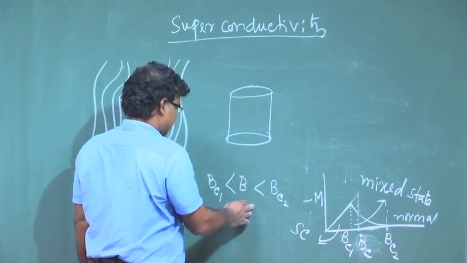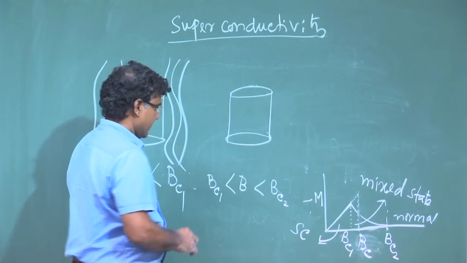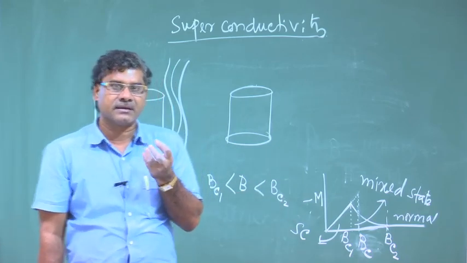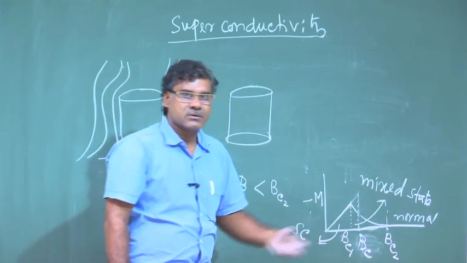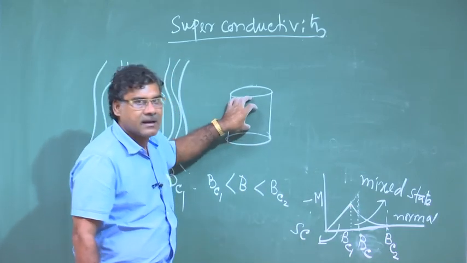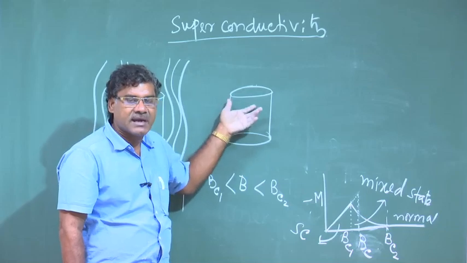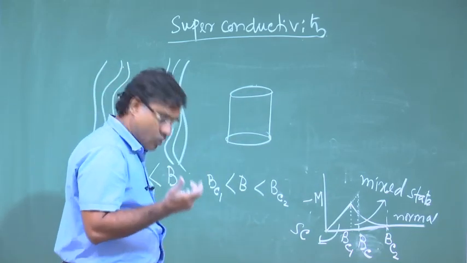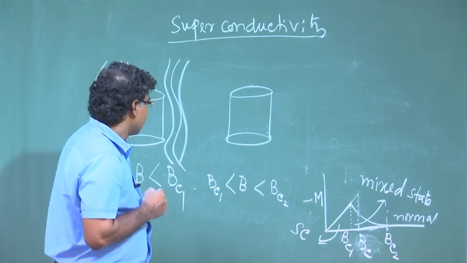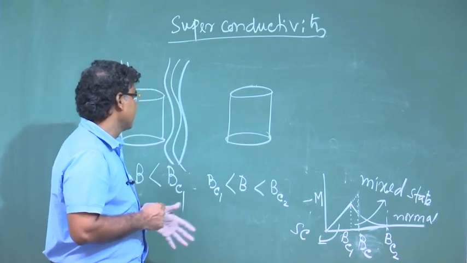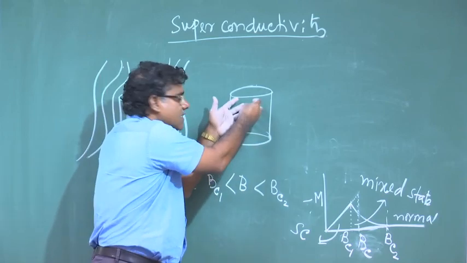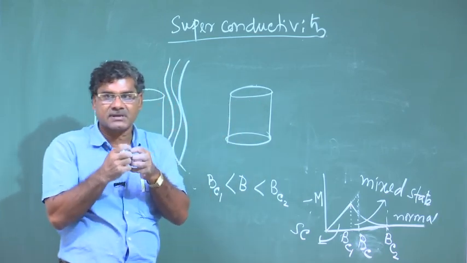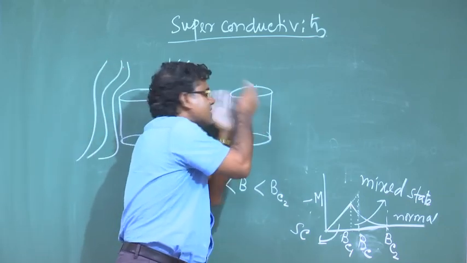What you will see is, as I told you, it is the mixed state. So, it has a superconducting phase as well as a normal state, normal metal. So, interestingly, how are the normal state and the superconducting state arranged here?